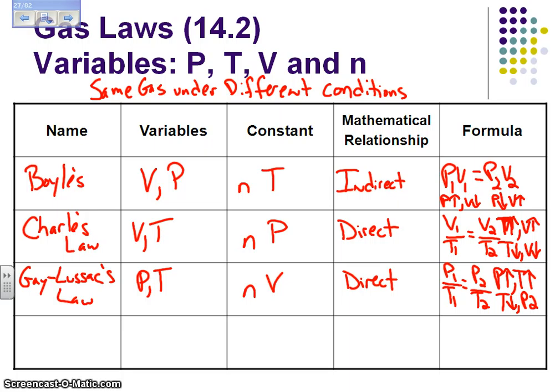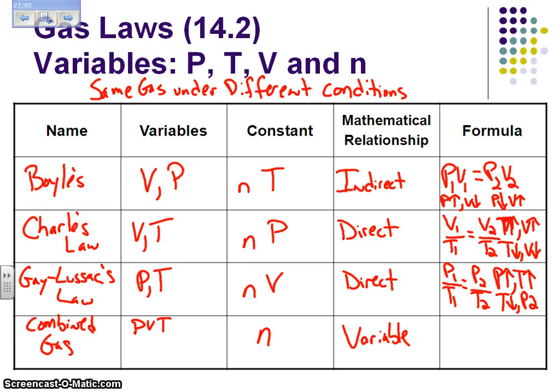Now, the combined gas law uses Boyle, Charles, and Gay-Lussac all in one. Our pressure, volume, and temperature are all our variables. The amount of gas stays constant. And we have a variable mathematical relationship. It all depends upon which way we look at it in terms of what's going to happen.